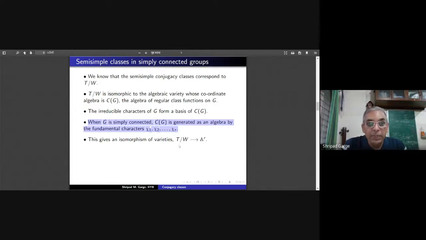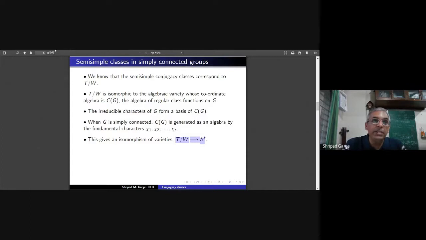And therefore, in the highlighted case, when G is simply connected, we have the isomorphism that T by W is isomorphic to affine space of dimension R. That is because the coordinate ring is a polynomial ring in R variables.